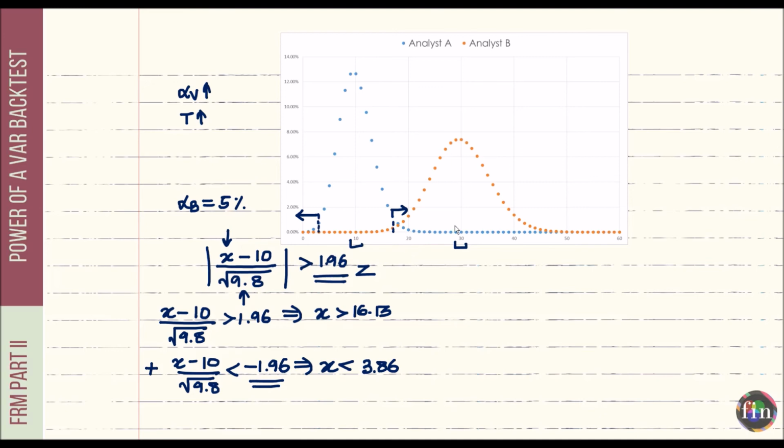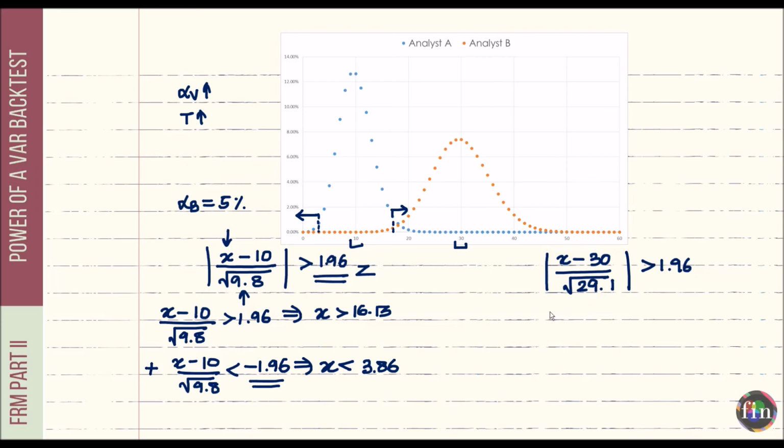Now let's do the same exercise for analyst B. For analyst B, I would write down my rejection rule as (X minus 30) divided by square root of 29.1 should be greater than 1.96.